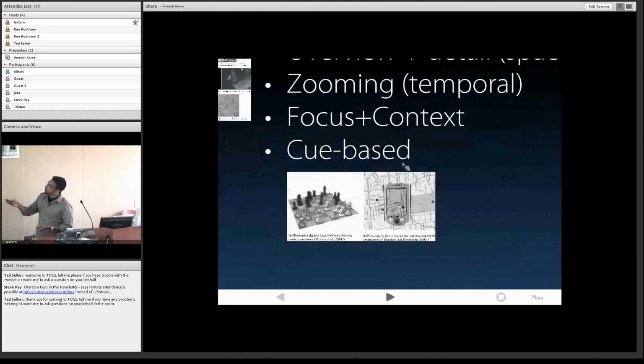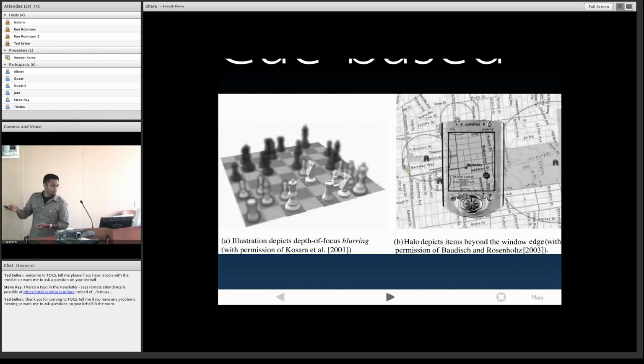You wanted me to explain this a little bit more? Oh, cool. So the idea is that, let's say we're looking for gas stations, which may or may not be the actual example, but it'll serve. There will be some gas stations that are within the viewport and some gas stations that actually fall outside of the viewport. And so now the question is, if you want it to be truly not just a focus plus focus technique, but a focus plus context technique, how do you show the results that fell outside of the viewport?